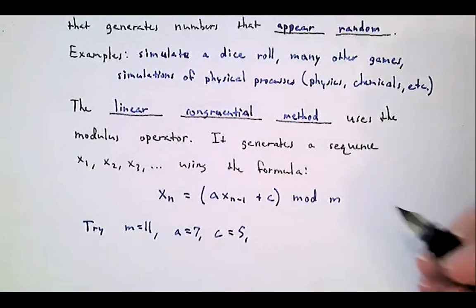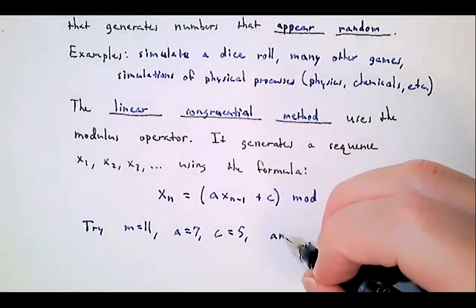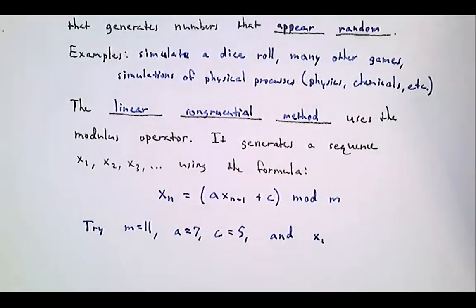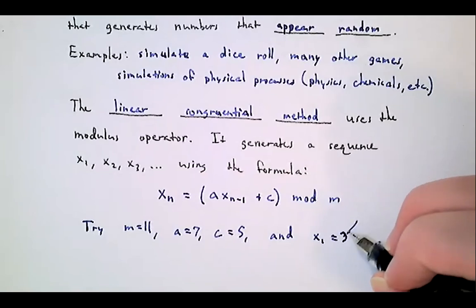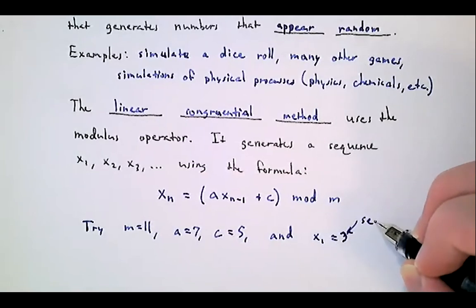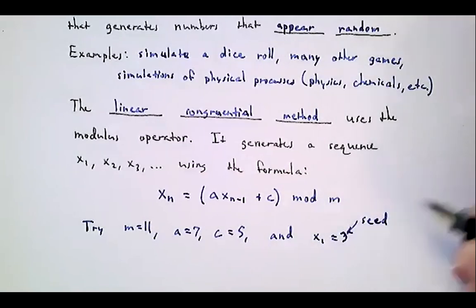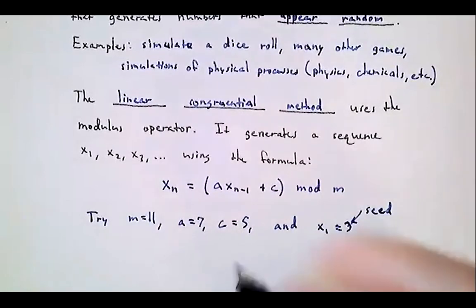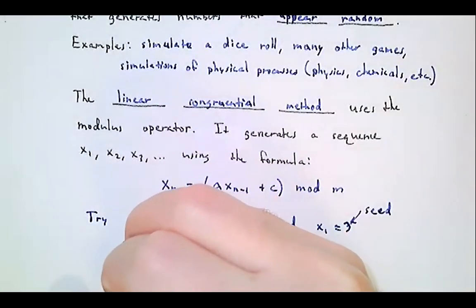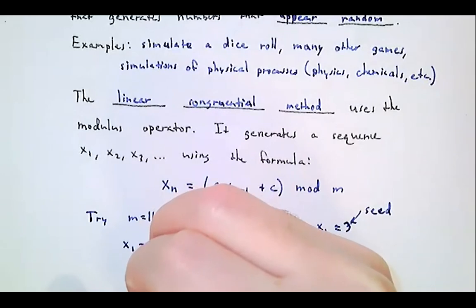And we also need a starting point. We're going to say x1 is equal to 3. And the starting point is usually what's called a seed. Okay. So x1 is, of course, equal to 3, the first thing in our sequence.